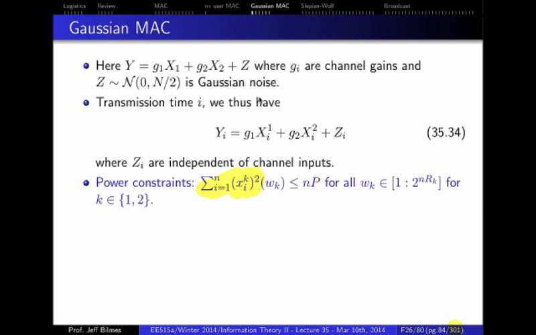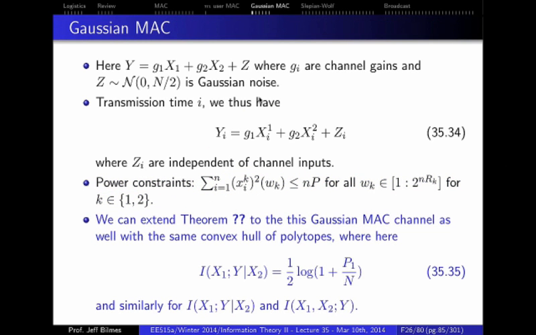For message wk, we take the ith symbol for the kth sender, sum over the n channel uses, and that has to be less than or equal to n times the power. So 1 over n times that sum has to be less than or equal to the power constraint. And we have 2 to the n Rk messages for sender k, where k in this case is just either 1 or 2.